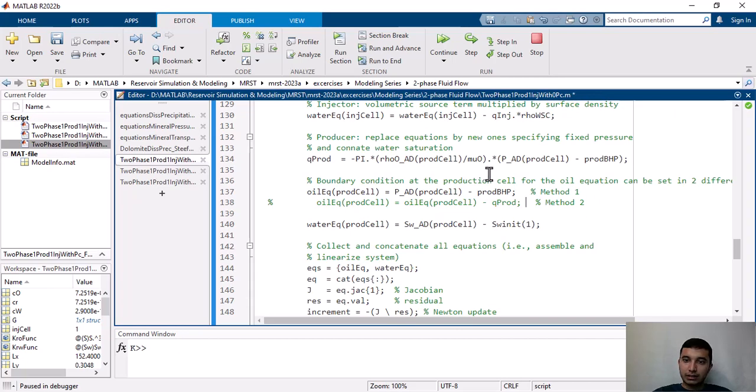All right? This is a source and sink term, but this is not. These are boundary conditions. Better to say that they're boundary conditions. Great. And here I have specified the boundary condition for the water pressure equation.